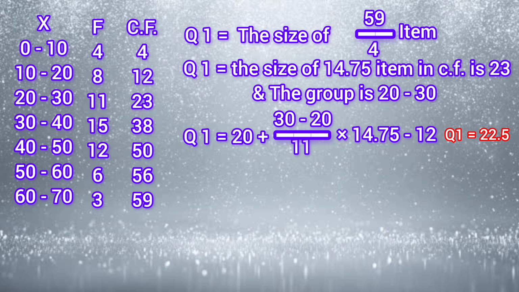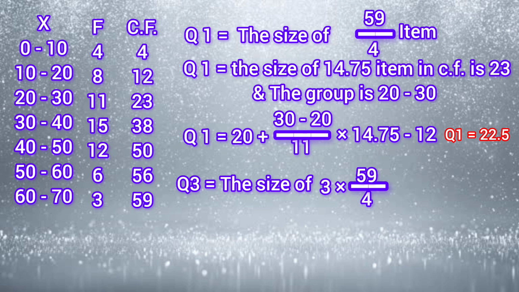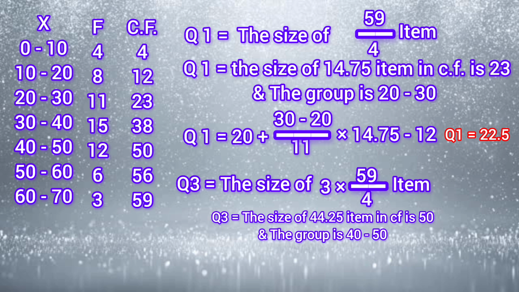Now upper quartile Q3 is equal to 3 into number of observations 59 divided by 4 item. After solving this we get upper quartile item Q3 is equal to the size of 44.25 item. CF is 50 and the group of 50 is 40 to 50.